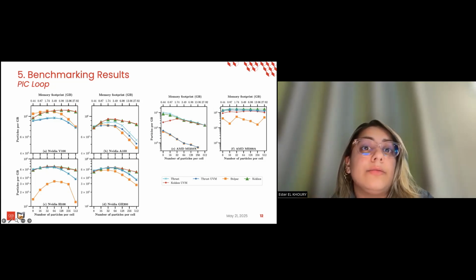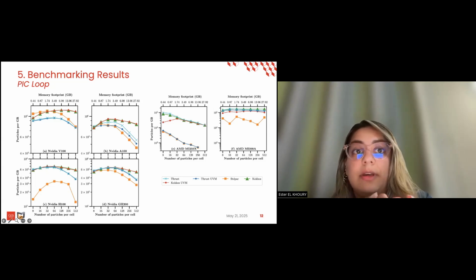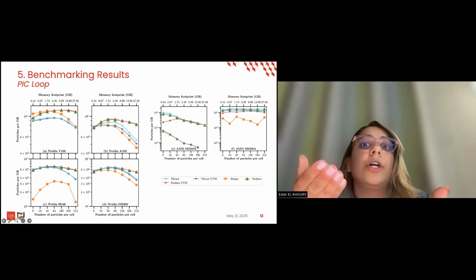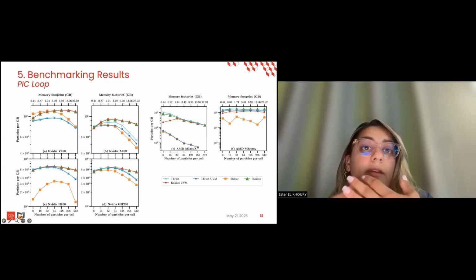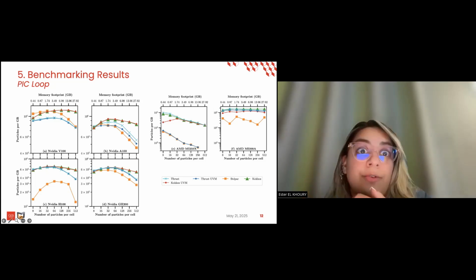Right now, we are investigating the cause and have already ruled out several possible explanations. For example, Thrust UVM has a stable performance, so that suggests that UVM is not the problem in our case. If it were, Thrust UVM would also show the same issue. Also, although the GH200 offers 20% more memory bandwidth, this alone cannot explain the 50% performance gap that we observe.